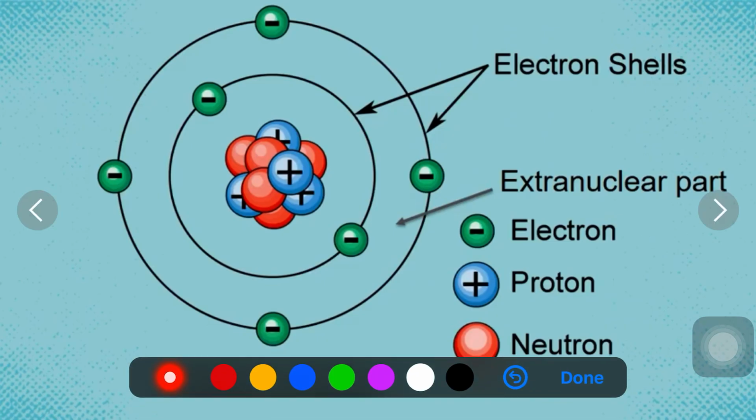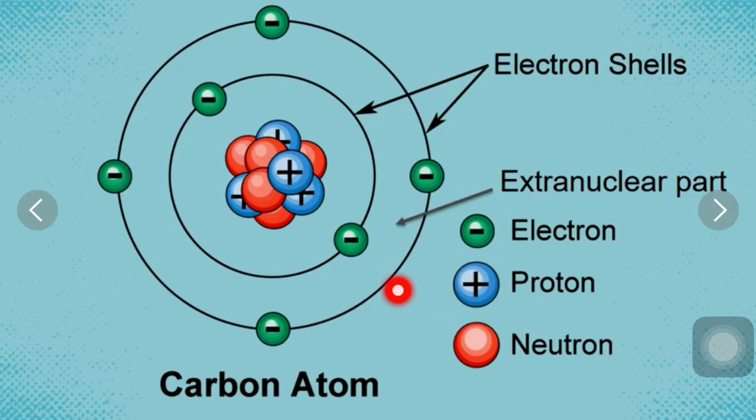Student, once again have a look at this image. This is the structure of an atom of the element carbon. What we have studied is that in an atom, in between there's a nucleus. Inside the nucleus, protons and neutrons are concentrated, proton being positive in charge and neutron having no charge. Then there's the extranuclear part. As you can see, this black color circle is the orbit.